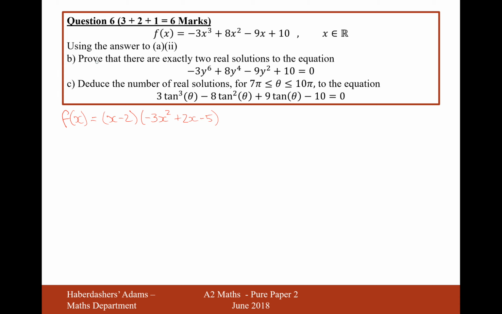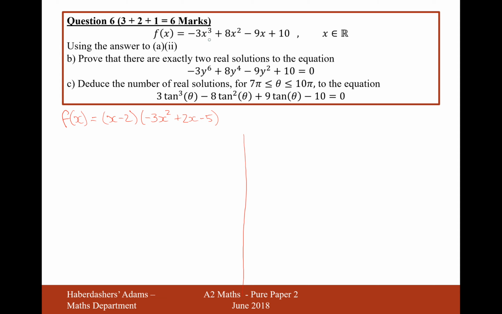Right, okay then. Prove that, using your answer to part A(ii), great, we've got that. Prove that there are exactly two real solutions to the equation minus 3y to the power 6 plus 8y to the power 4 minus 9y squared plus 10 equals 0.